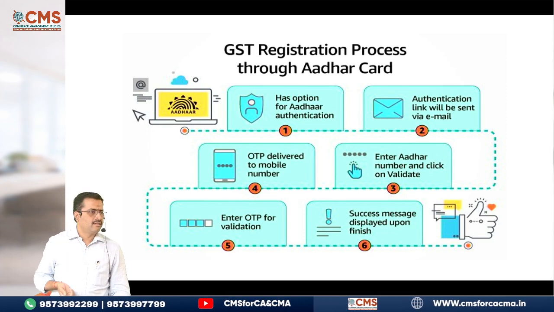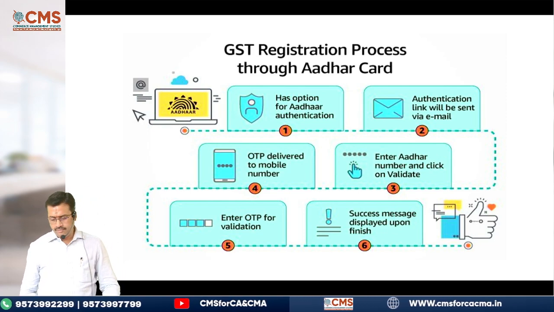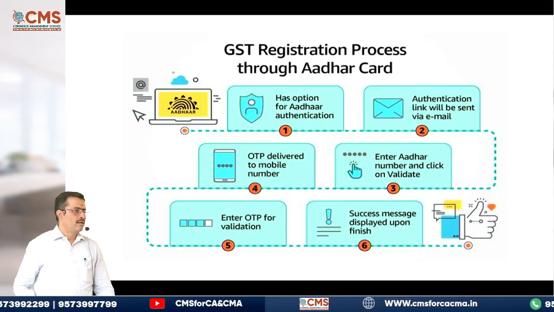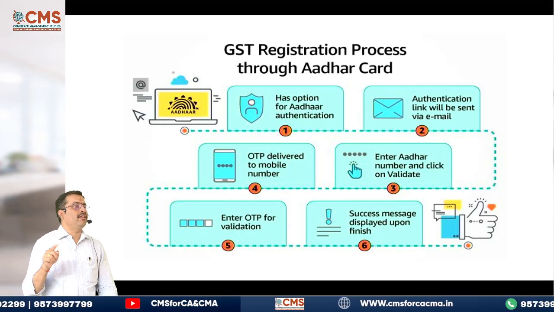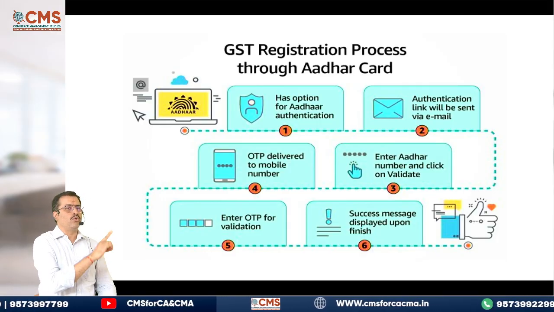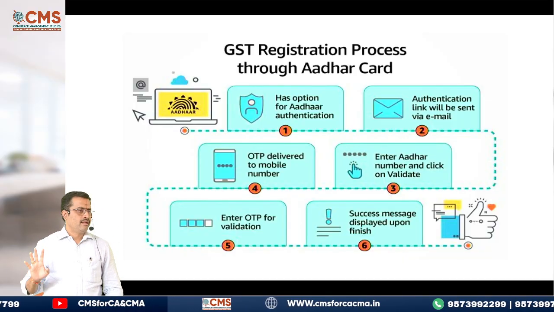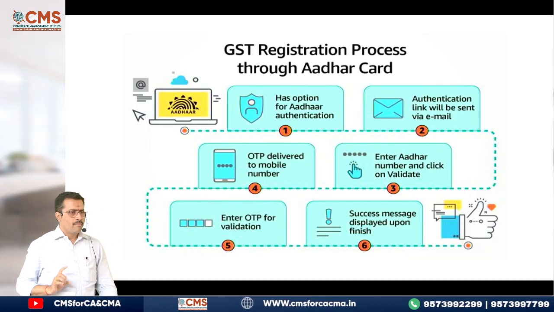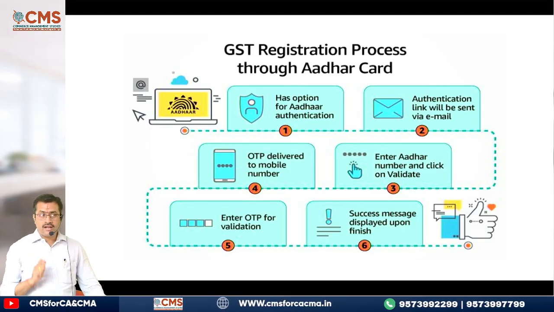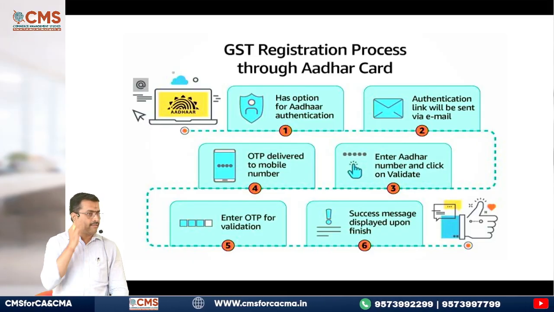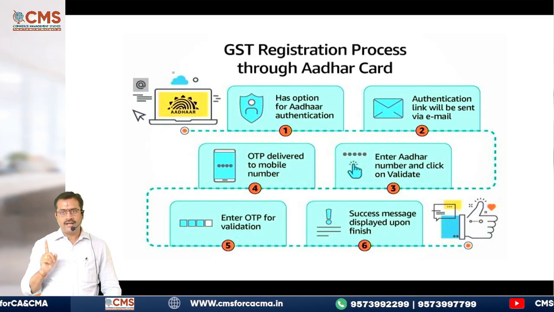After this, what number will be generated? ARN will be generated only after you do this Aadhaar authentication. Otherwise, ARN will not be generated. Please be careful. Only if ARN is generated is your application said to be submitted. Otherwise, your application is not yet submitted at all.